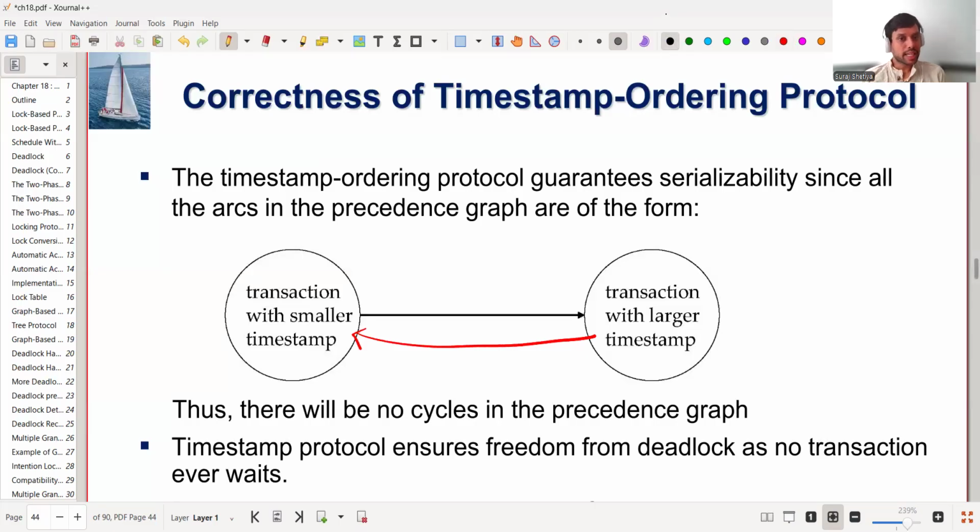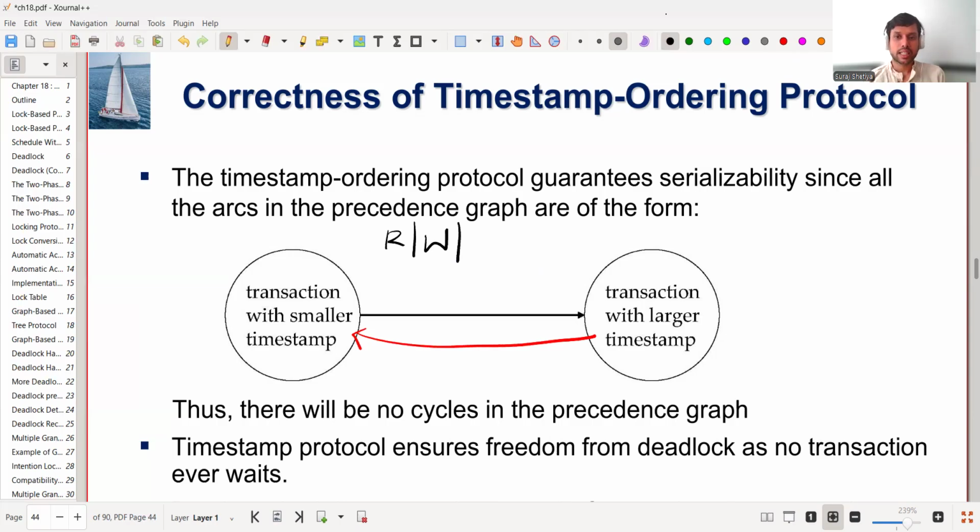I currently am only considering reads and writes. I'm not considering a more updated data structure or more operations such as inserts, updates, and so forth. Because I only have these two operations that I'm allowing, if there is a transaction which has this red edge, it can only be introduced through either reads or writes. And like I was arguing before, the moment we find this red edge, we discard the newer transaction that is there.